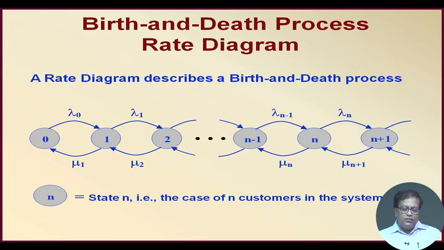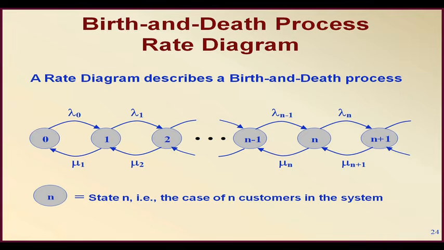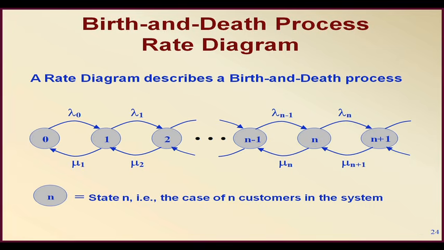The kind of analysis that we do in a queuing process, we cannot do until the queuing system comes to an equilibrium. At the moment the queue system comes to an equilibrium, we can analyze very easily by simply drawing a rate diagram.